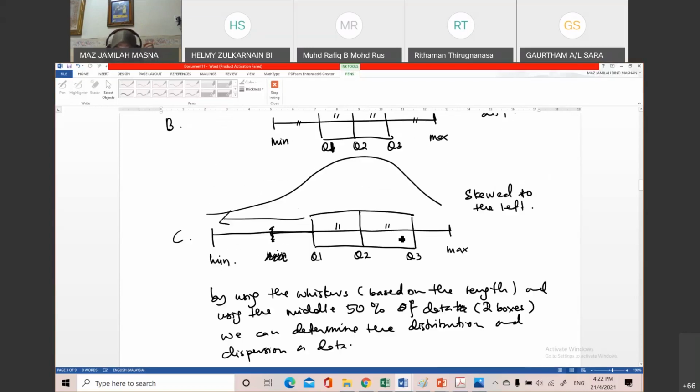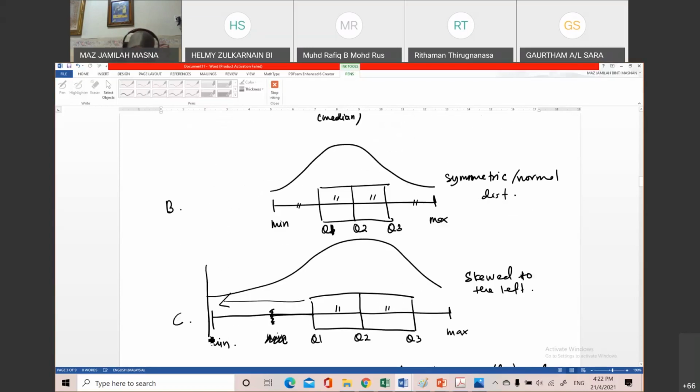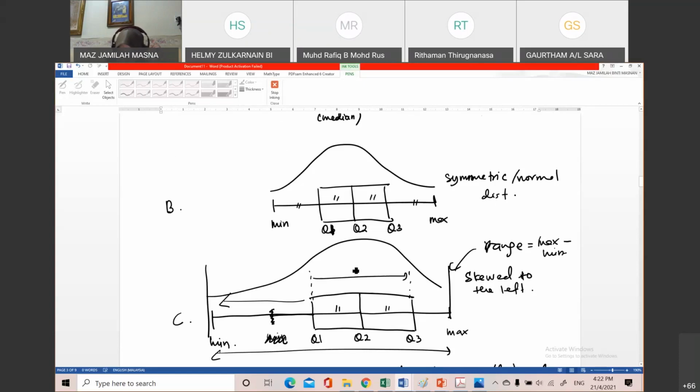So in terms of dispersion, definitely you are talking about this until this. How spread is your data? Is either using range. So if you are using range, then you have to max minus min. If also you can use this one, middle 50% of your data. So this is your what we call IQR.